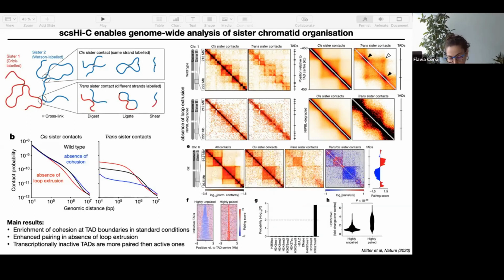A final result from this paper was that we have heterogeneous TADs. It means that there are more paired and less paired TADs, both with an enrichment of contacts at boundaries. And it seems that more paired TADs correlate with transcriptionally inactive domains. So transcriptionally inactive domains are likely to be more paired and less misaligned.